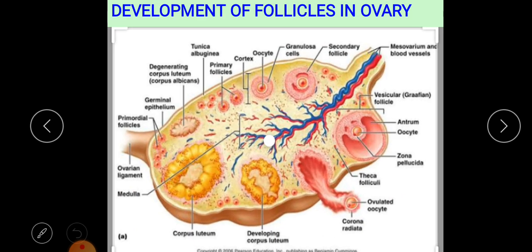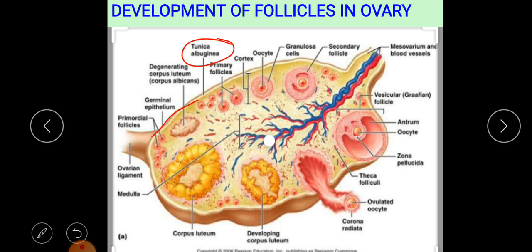This is the structure, the follicular development of follicles in the ovary. We can see the ovary is covered with layers: one is the germinal epithelium, and just beneath the germinal epithelium is the tunica albuginea.